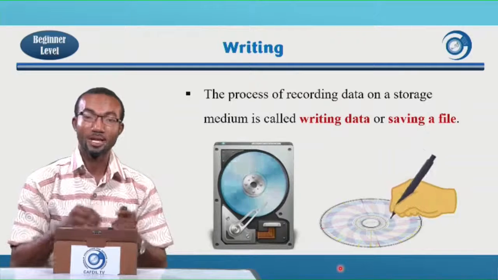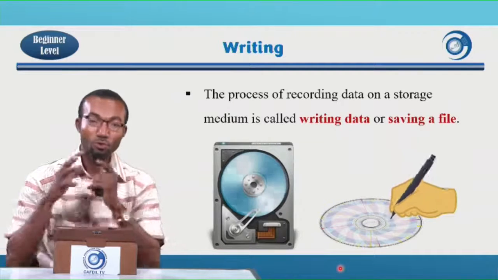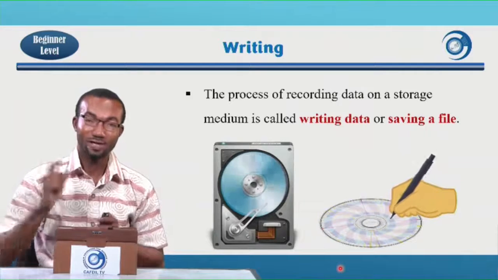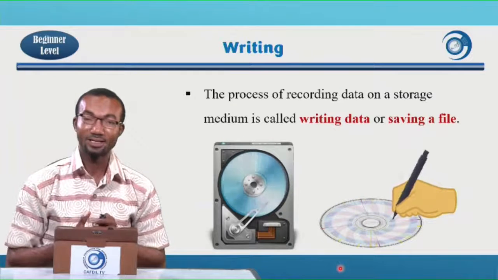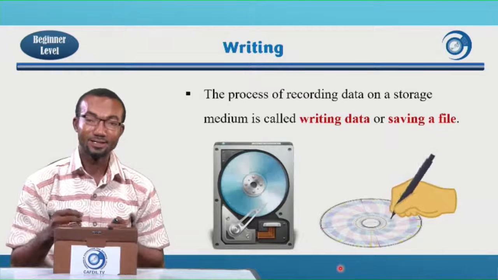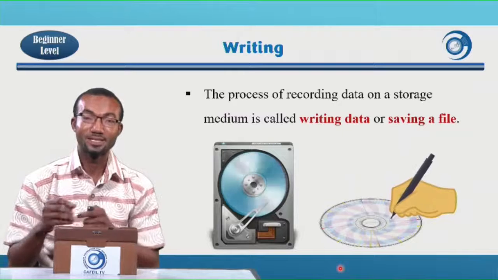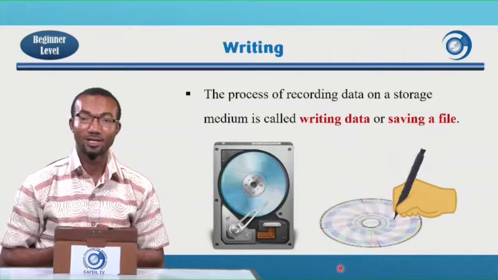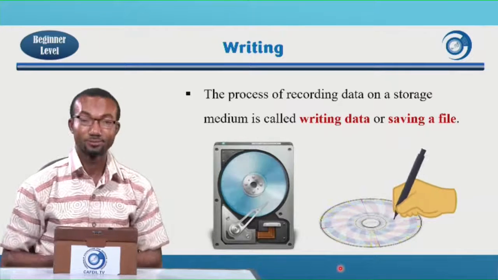So if you want to make a permanent copy of the data or information on the RAM onto a storage medium, then you are going to write that on that storage medium, be it a pen drive, a memory card, or a disk. So when we say writing in ICT, it means you are writing data, or you are recording data on a storage medium, or you are saving data on a storage medium. So that is what we mean by writing.